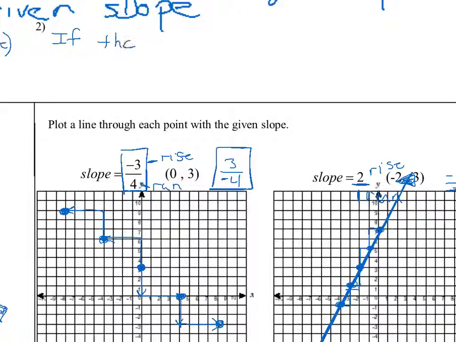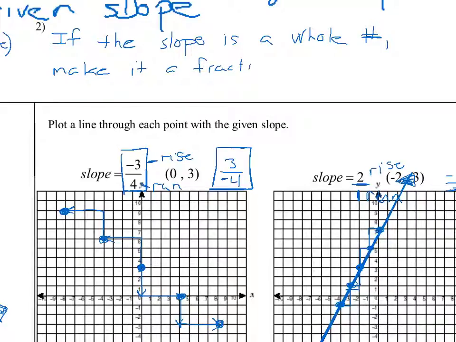If the slope is a whole number, make it a fraction. What's it? By putting a 1 underneath it. Or putting a 1 in the denominator.